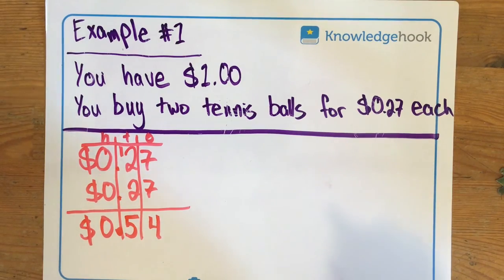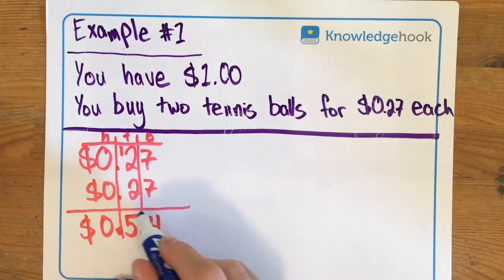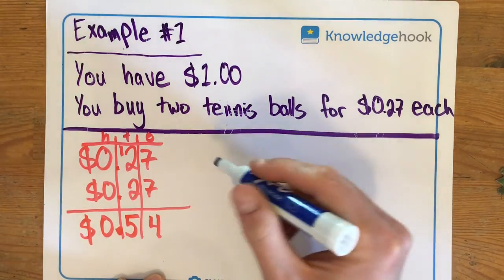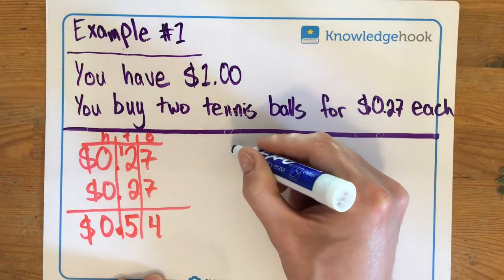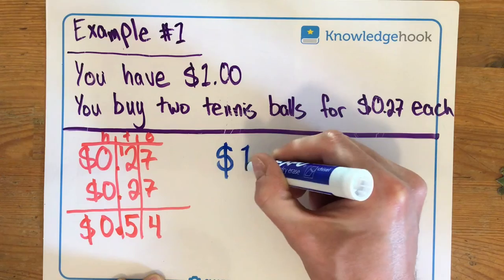The next step is we need to subtract 54 cents from the $1 that we already have. We know that we start with $1. So we're going to put our $1 that we have at the very top.